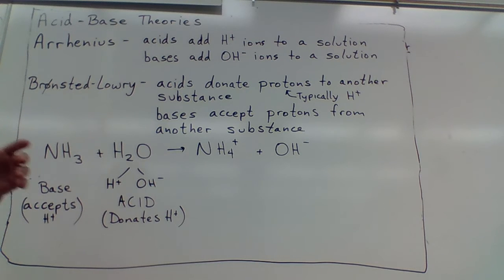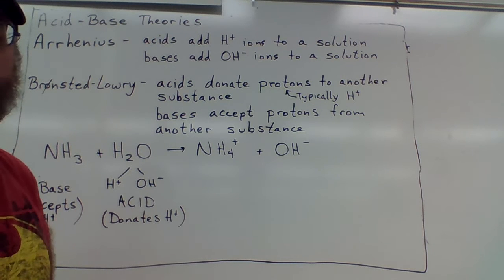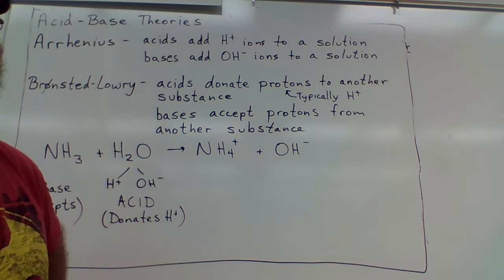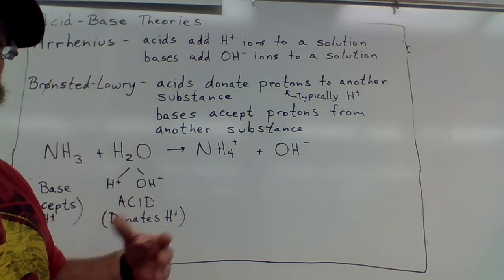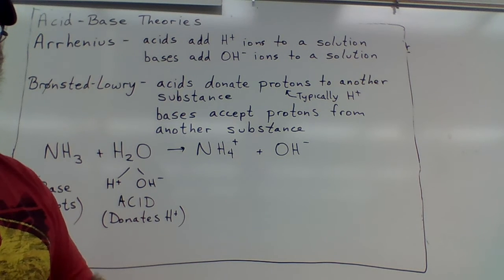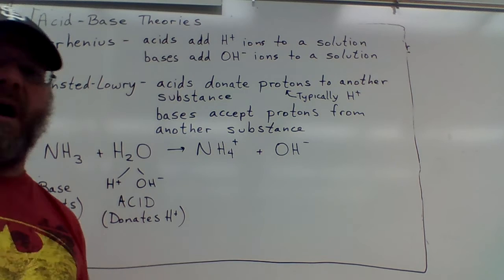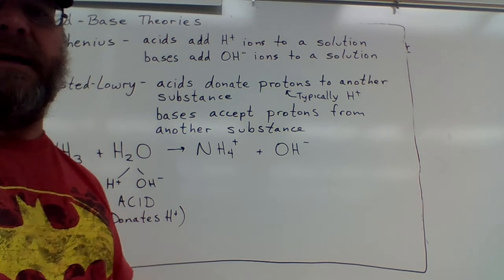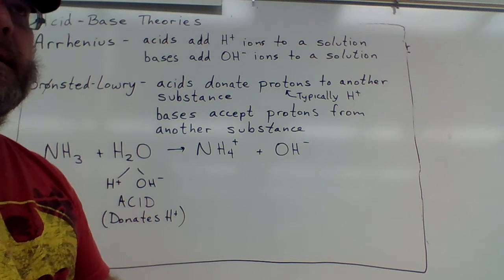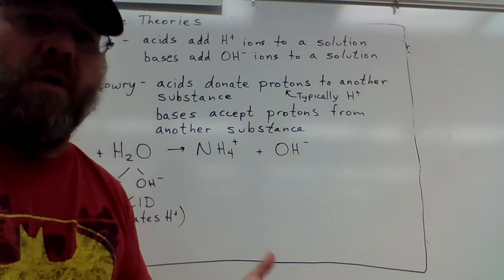Now, what Bronsted and Lowry discovered about 30, 40 years later is that not all things that were acidic or basic fit Arrhenius's definition. So they felt they needed to broaden the definition a little bit in order to make the theory work for everything.